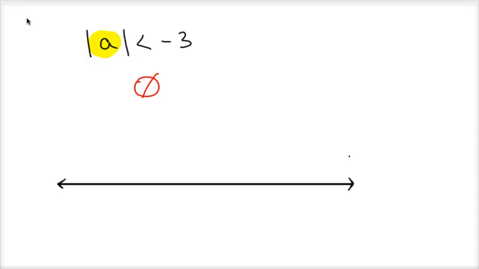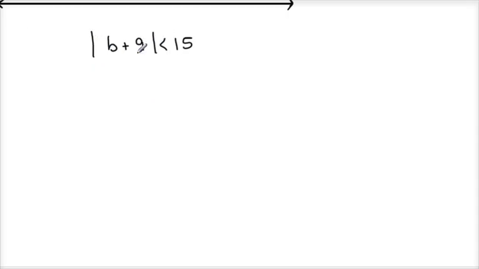Next example. Now we're going to throw an expression inside: the absolute value of b plus 9 is less than 15. Many teachers show this in two steps. You can say b plus 9 is less than 15, or b plus 9 is greater than negative 15, flipping the sign.